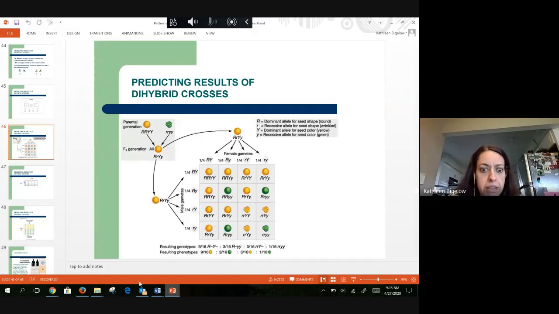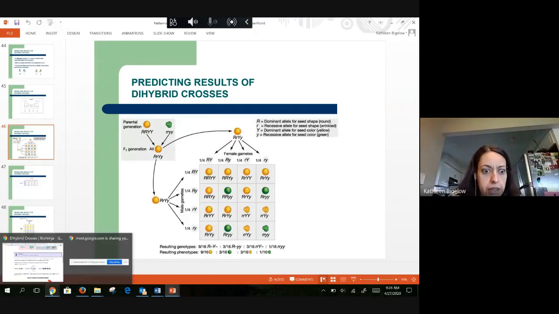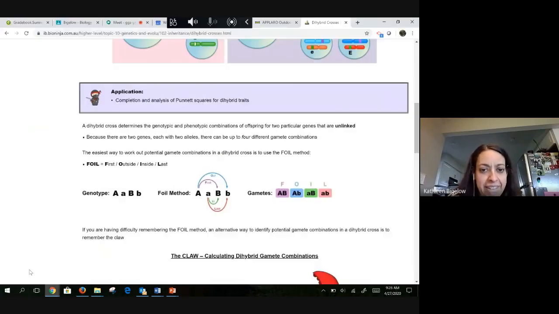So let me go back to BioNinja. Okay. So let's look at this one. Let's say you have a parent that you want to do a cross on, and this is the genotype, heterozygous and heterozygous for both traits. When you want to set up your gametes, you FOIL.